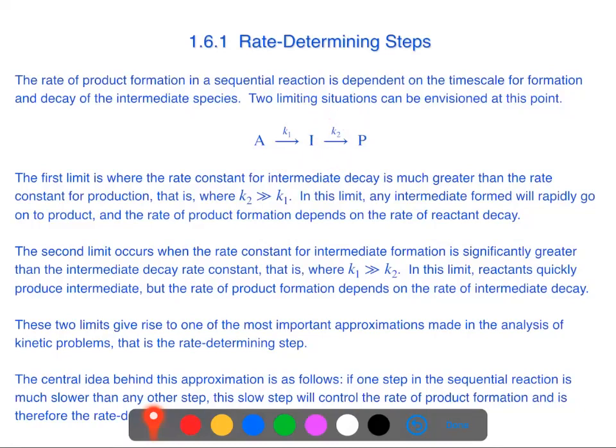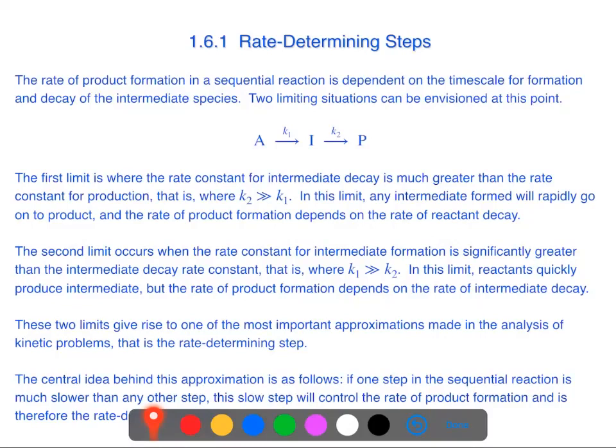And so it doesn't depend on the decay of A to I, but depends upon the decay of I to P. So therefore, the rate constant K2 is more relevant in a sense because its magnitude is lower. So these two limits give rise to one of the most important approximations made in the analysis of kinetic problems. That is the rate determining step.